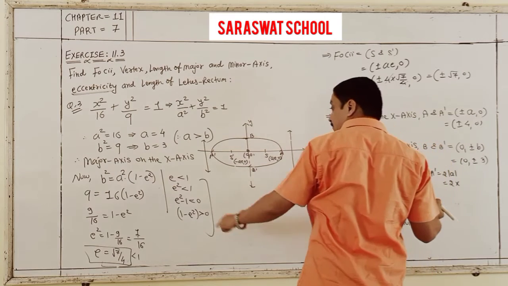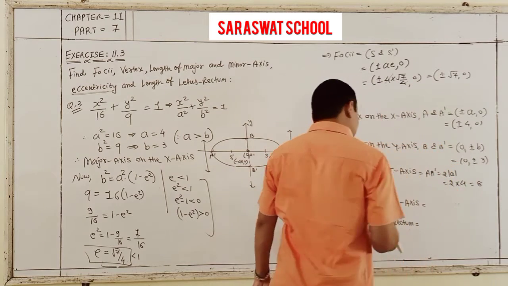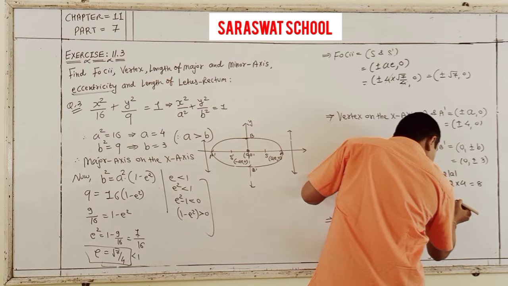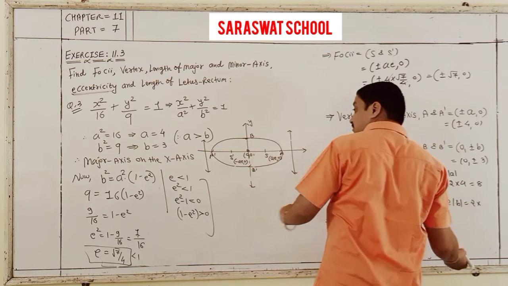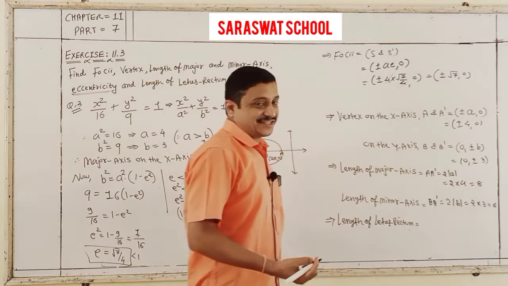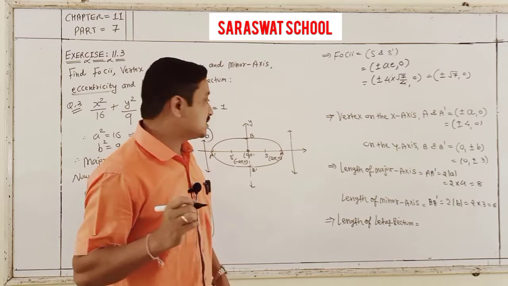And what is the a? I have 4, 2 fours is 8. Same, the length of the minor axis B dash is 2 modulus b. And what is the b? 3. It is 6.